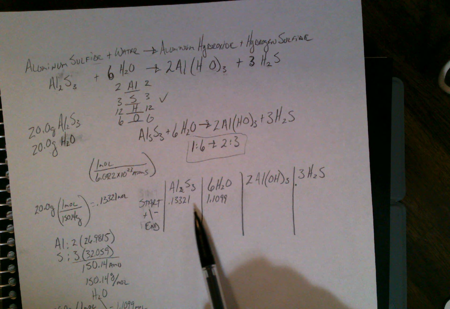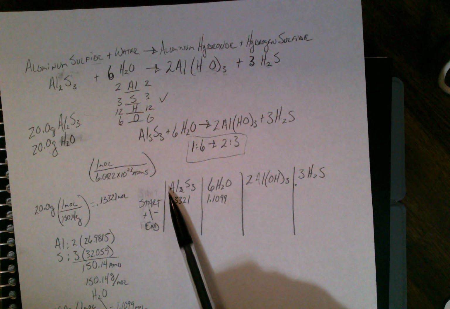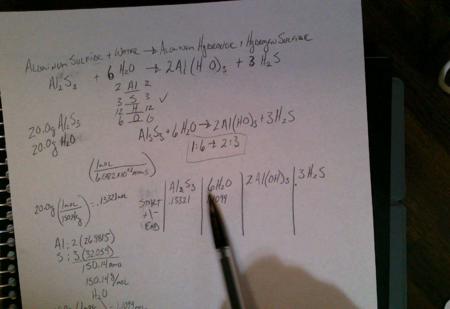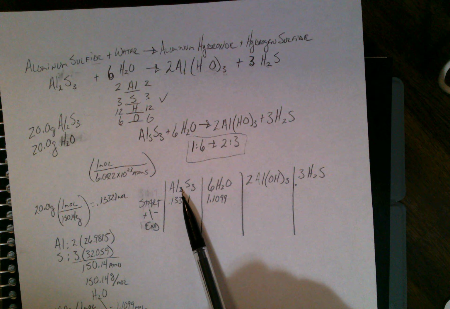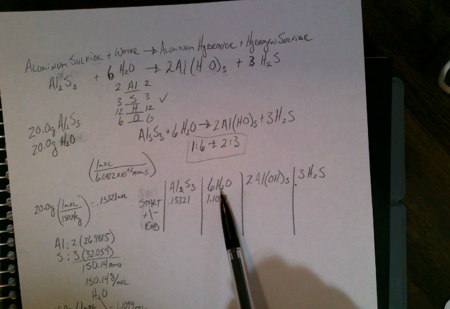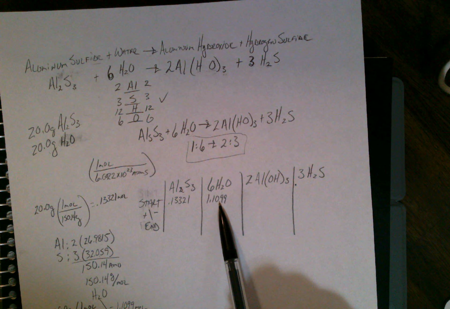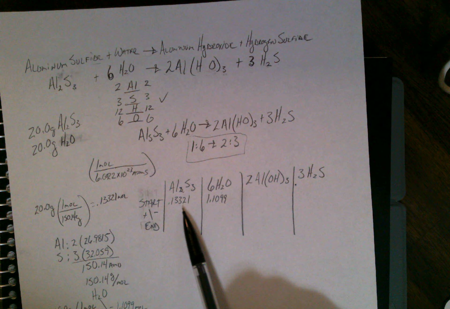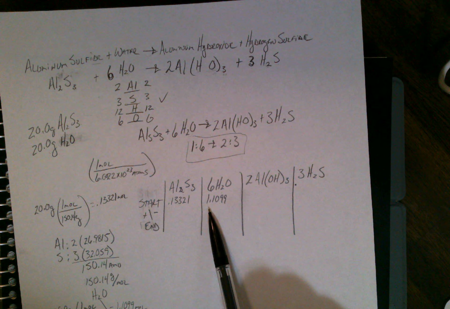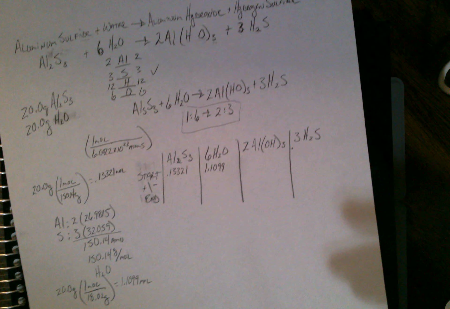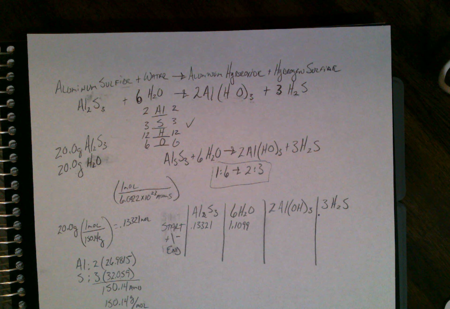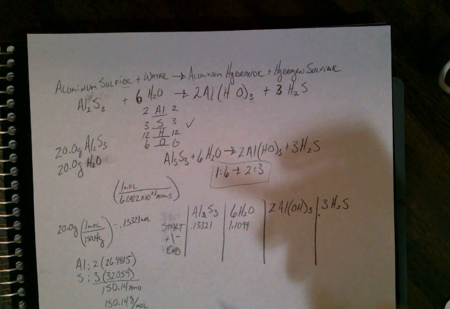Now after this stage, everything else becomes super easy, because what we need to know is if this is a 1:6 ratio, because one of these molecules will react with 6 of these molecules. So if this is not 6 times what this is, then we've got not necessarily a problem, but we're going to run into an inequality where we have more of a certain substance.